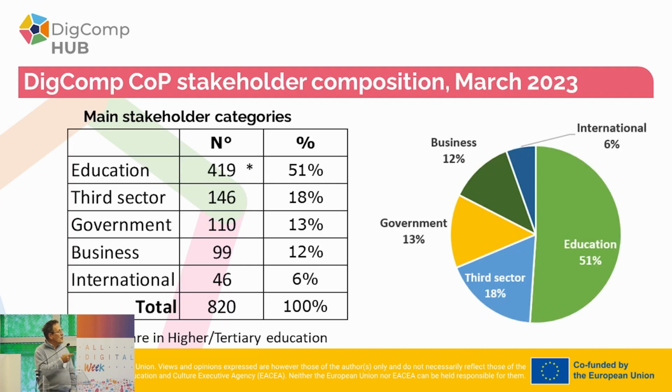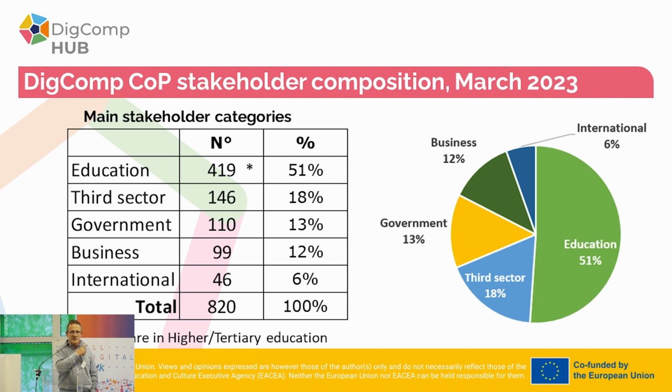This shows the composition of the COP in terms of categories of stakeholder. The majority, not surprisingly, is education, and I would say mostly we're talking about tertiary education, university people, so researchers, many people who are currently working on how to train university students and teaching staff on digital competence.